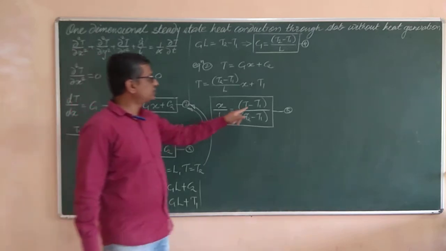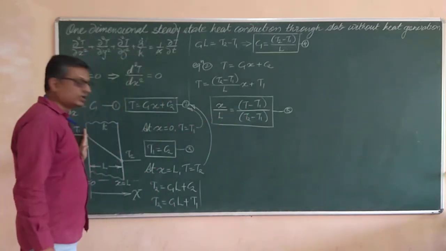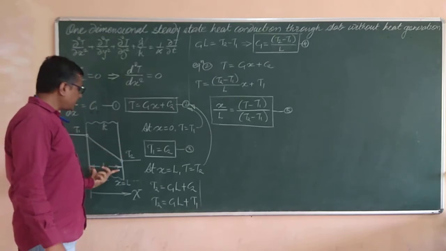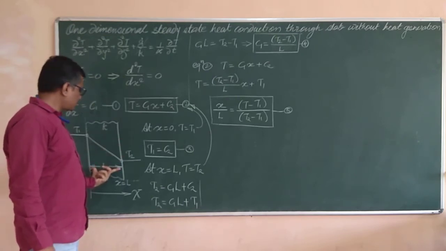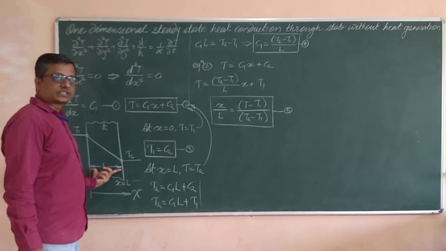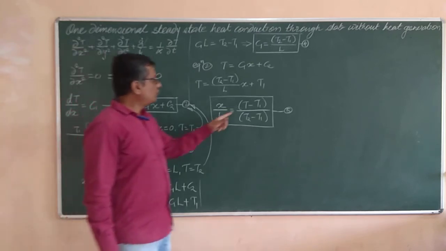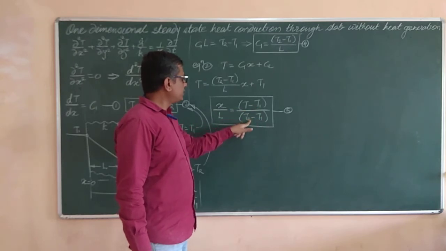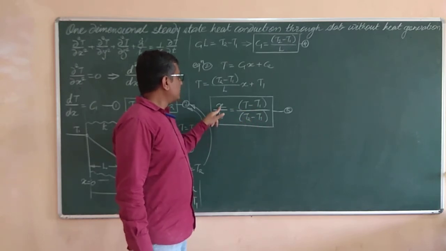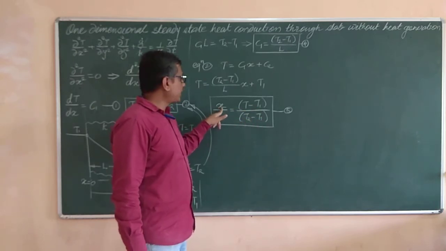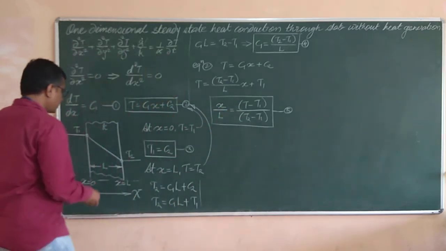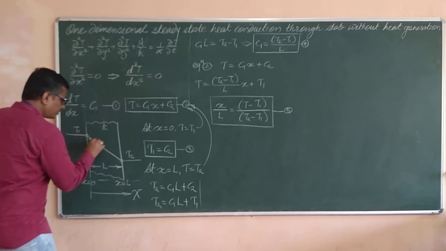This is the equation for the temperature distribution over the entire length of the slab. If you know the temperature at this surface T1 and T2, and you know the total length of the slab, that is capital L, then the only unknown will be T. If you take various values of X at this place, you can find out the temperature T at that particular location, and that temperature you will get somewhere over here.